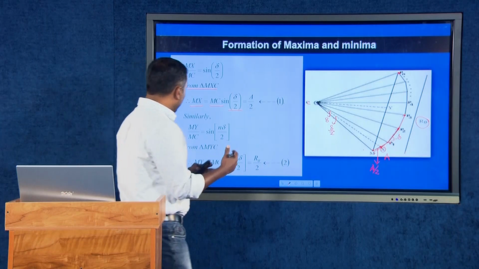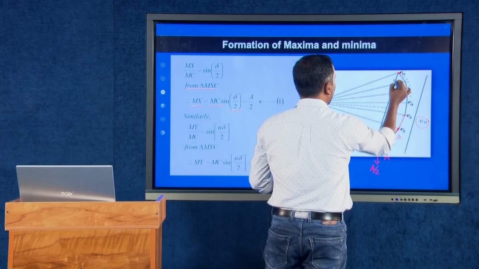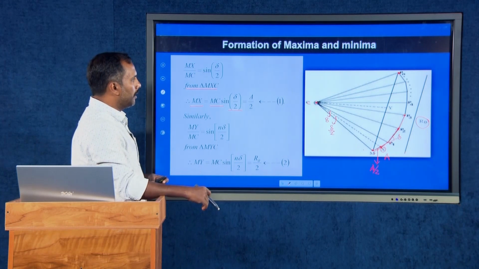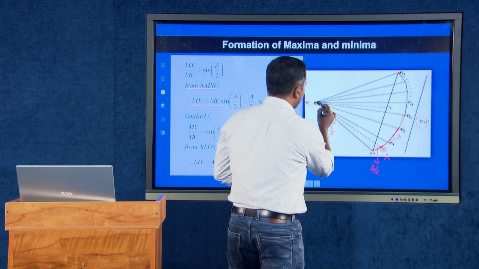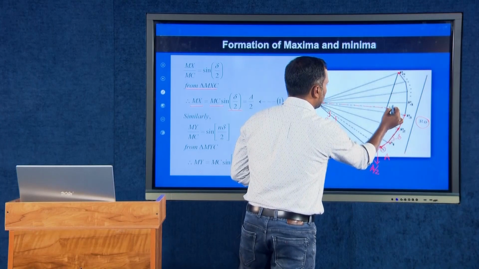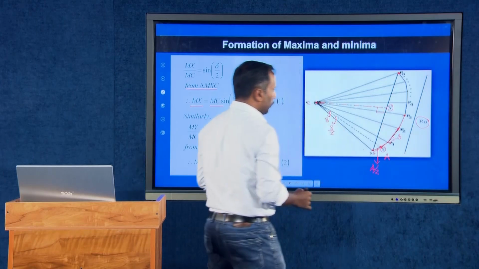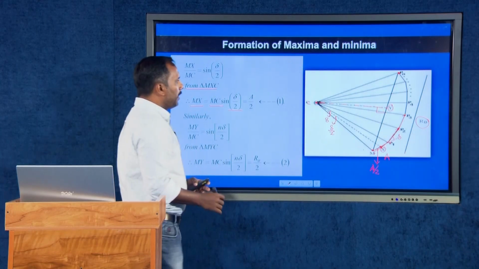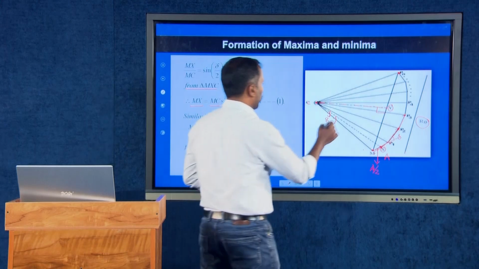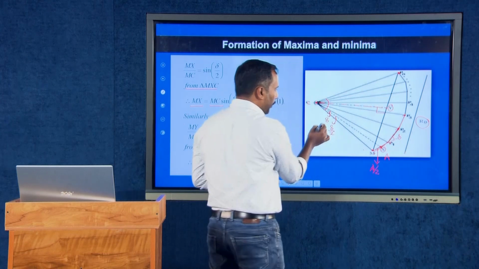Similarly, we can consider this particular triangle, with the center point M and P1. From that triangle I am drawing a normal line to this particular vector, meeting at point Y, and this angle is 90 degrees. We then have another right angle triangle. From that right angle triangle we are considering sin n delta by 2. How is this sin n delta by 2? You remember the angle between two vectors is delta.